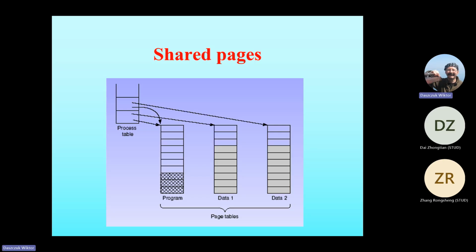So it is better to have a special tag showing that it is shared. If we switch from one shell to another shell, do not clear the cache in the MMU. It will speed up the execution very effectively.